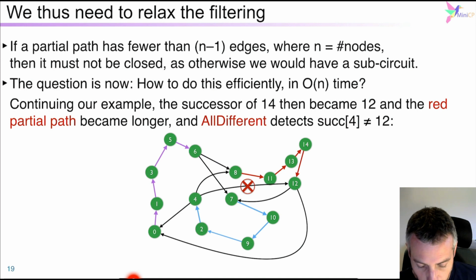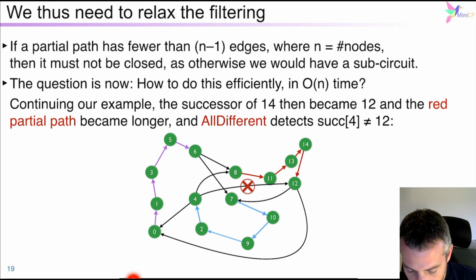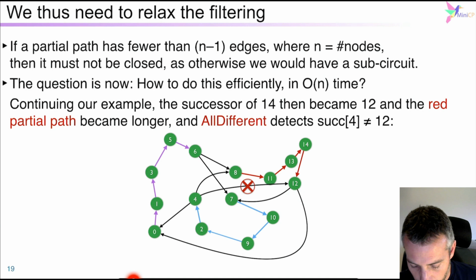So let's continue our example. Because we have removed this edge, we see that here 14 has only one single successor, which is 12. Because of the all different filtering that is also doing its job, no other city can have 12 as a successor.